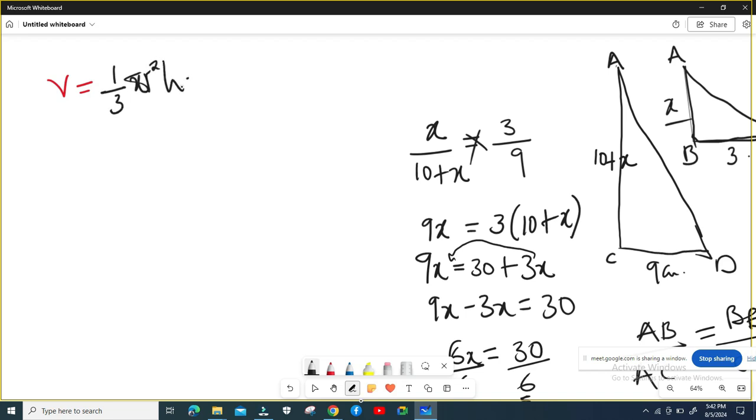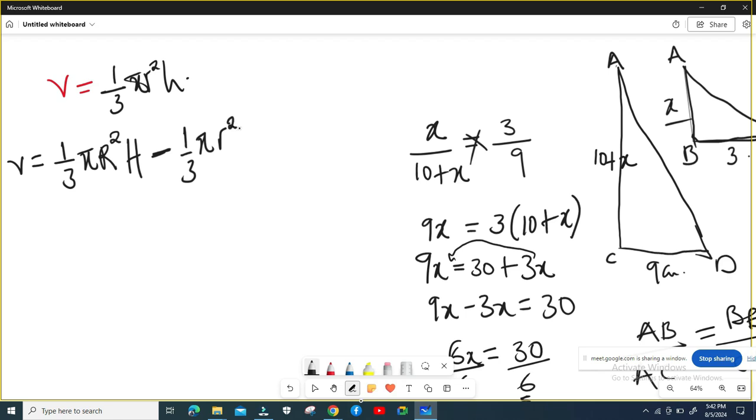Now we are going to calculate the volume of the big cone, which is 1 over 3 pi R squared H, where capital R represents the radius of the big cone and capital H the height of the big cone, minus the removed cone, which is 1 over 3 pi r squared h with small letters.